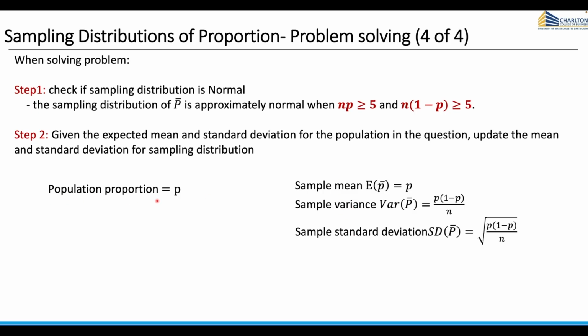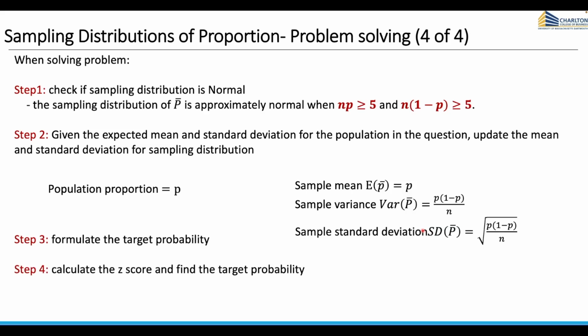If the population proportion is p, then the sample mean is also p, and the sample standard deviation is the square root of p multiplied by 1 minus p, divided by n. Now that we have the mean and standard deviation, we can formulate the target probability and use the z-score method or an Excel function to answer the probability question.